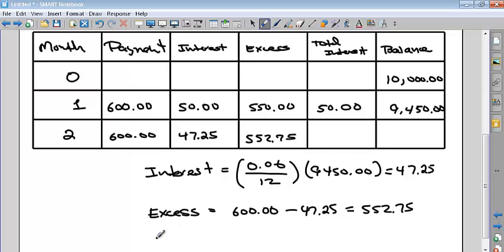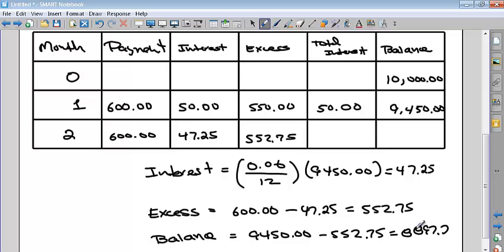So finally, your balance is going to be equal to your previous month's balance minus the excess. And I get $8,897.25. The total interest.